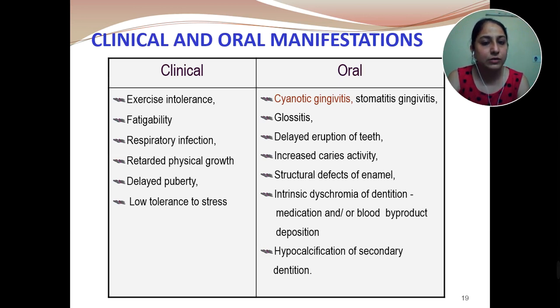Oral symptoms include cyanotic gingivitis, stomatitis, delayed eruption of teeth, increased caries activity, structural defects of enamel, and increased intrinsic dyschromia of dentition, which could be due to medication or other blood byproducts, and hypocalcification of secondary dentition.